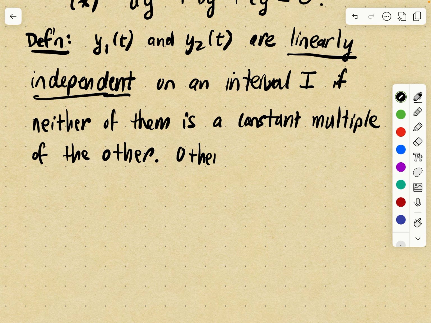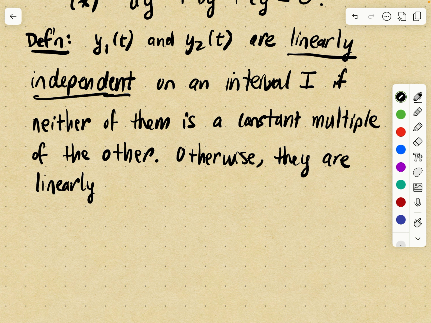This is a linear algebra term. Otherwise, those functions y1 and y2 are said to be linearly dependent.